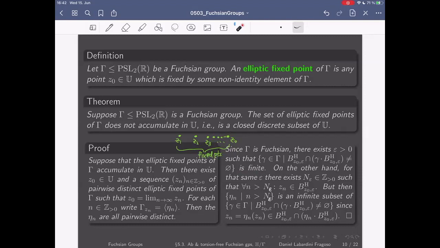That's, on the one hand, one property, and on the other hand, for the same epsilon, there exists some n epsilon such that for all n bigger than this n epsilon, those fixed points end up in the small epsilon ball around Z0.